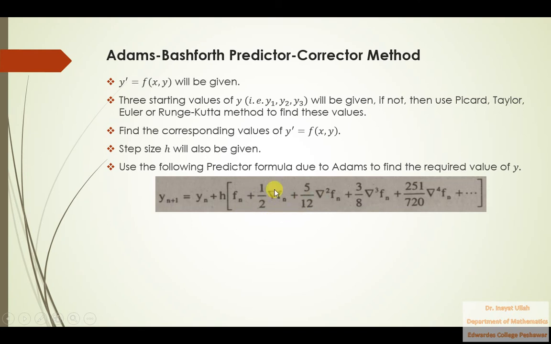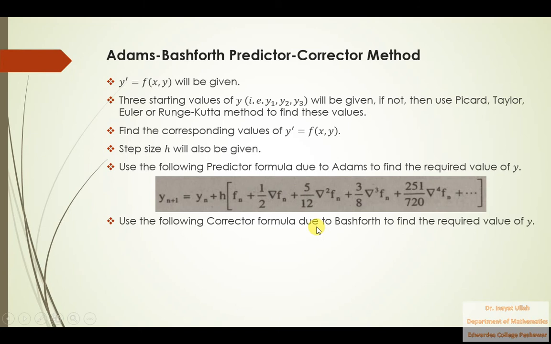These notations, you see, are the backward differences: nabla f n plus 5 by 12 nabla square f n plus 3 by 8 nabla cube f n plus 251 by 720 nabla 4 f n, and so on. So this is the predictor formula due to Adams.